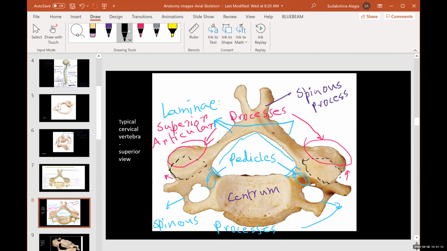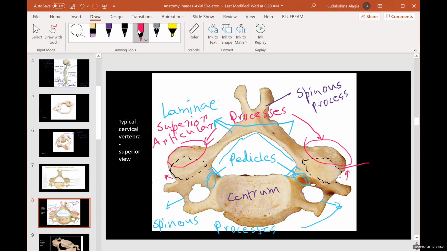Imagine you have a piece of round plastic that you cut at an angle, or take a bead, glass, cut at an angle. Have you ever heard the term faceted bead, faceted diamond, faceted emerald? Basically, facet is an angular cut. Because this is like an angular cut, as if the process has been cut at an angle, this is referred to as superior articular facet. Individual facets, plural.